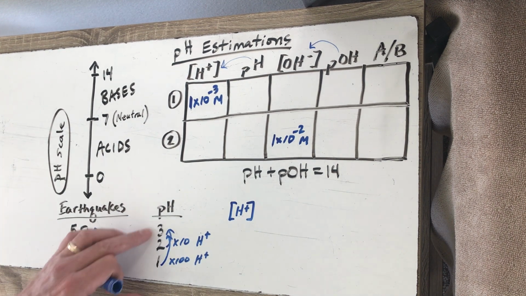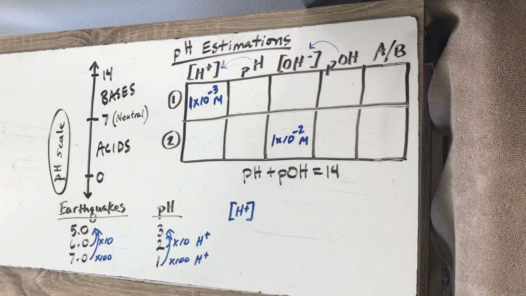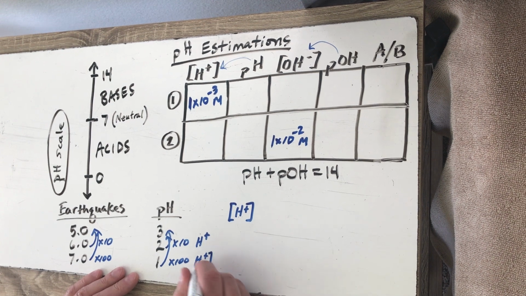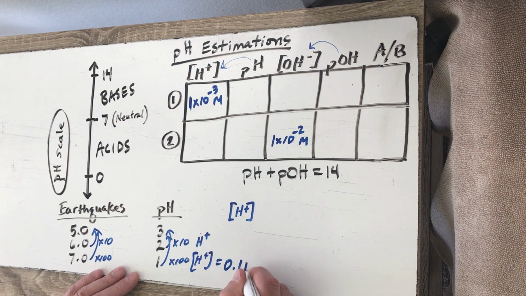Now, I want to look back at these things down here. Okay, a pH of 1, a pH of 2, and a pH of 3. I want to give you some values to start grasping and hanging on to. A pH of 1 means that this solution has a hydrogen molarity of 0.1 molar.